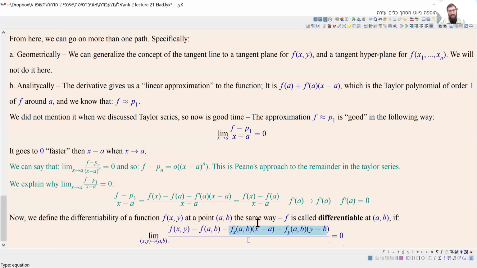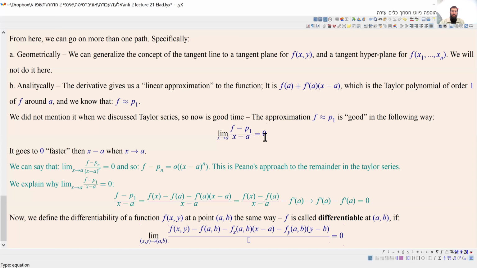As I mentioned, we will discuss next week, probably shortly, the Taylor expansion of more than one variable. Here is the Taylor expansion of a function of two variables of order 1. Derivatives are of order 1. It's similar to that: the value at the point, derivative multiplied by x minus a. Here you also have y, so it's the derivative multiplied by y minus b. And what do we take for the denominator?